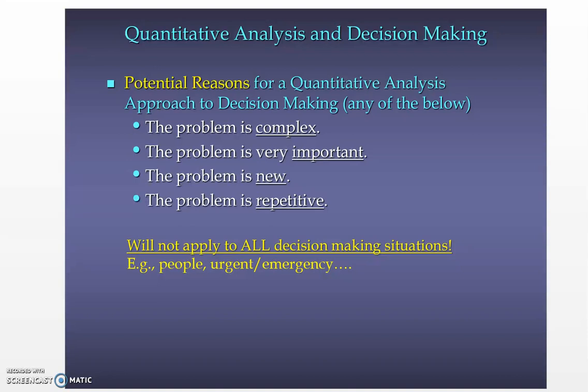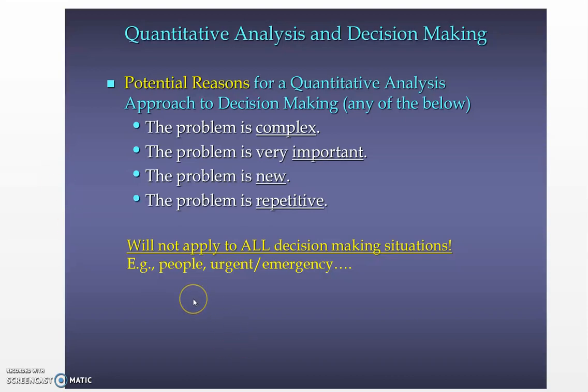If it's very important, certainly we may want to do that kind of trade-off as well. If it's something that's new, not been seen before, we don't necessarily have any experience or resources to call upon. And lastly, if it's repetitive, it's going to be a decision that's made again and again, or at least a structure of a decision, it's useful to express it mathematically so that you can use the same criteria and maybe tailor the models if need be, but at least you've got a basis that's founded in mathematics.